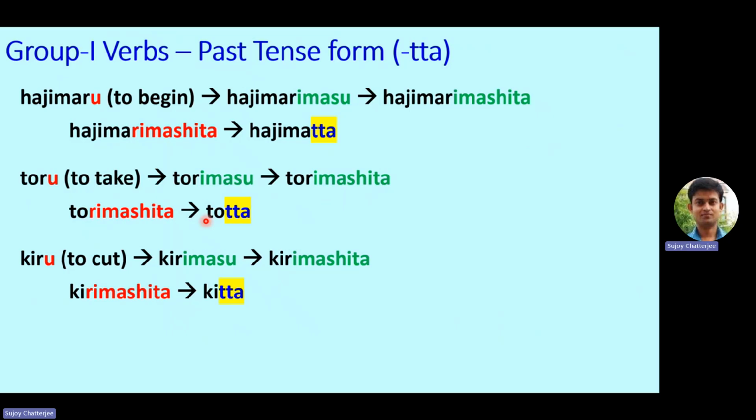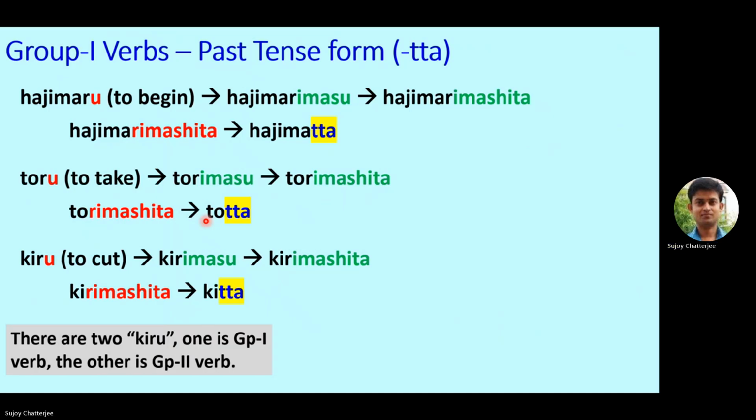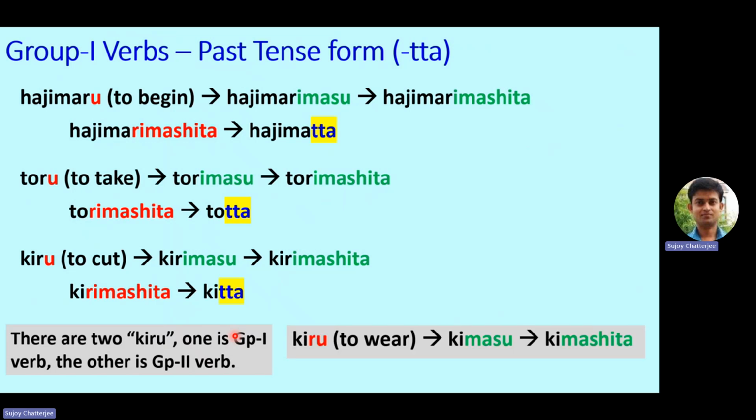Now, kiru, this verb is also part of the group 2 verbs. So there are two kirus. One is a group one verb, which is this one, to cut, and the other is a group two verb. That means to wear. Since this ends in iru, it is also present in the group two category, where iru is the ending, which means to wear.